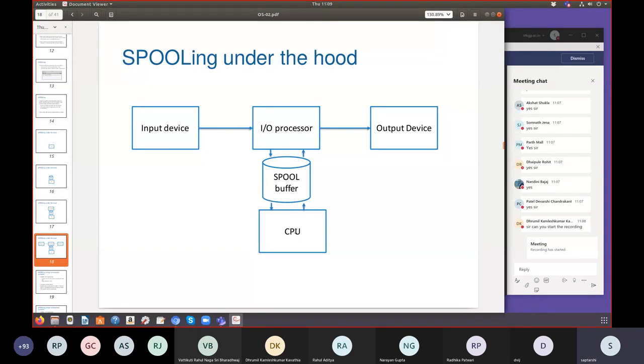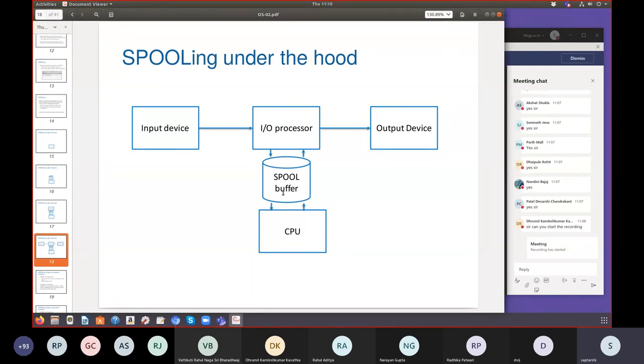The CPU thinks, I am outputting to the device, but actually some other mechanism sends that data from the virtual device to the physical device, say the printer. Or data read through the physical device is stored temporarily in that virtual device. So the CPU only thinks, I am reading from this spool buffer. From the perspective of the CPU, the spool buffer acts like a virtual device.